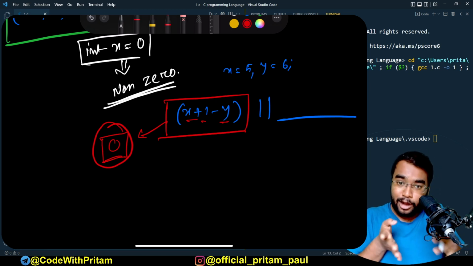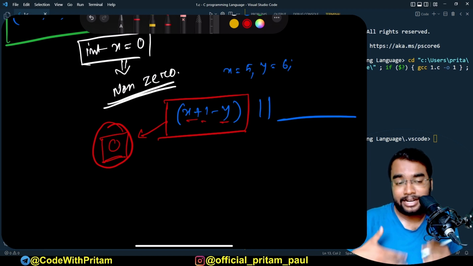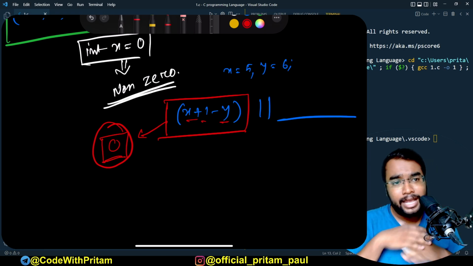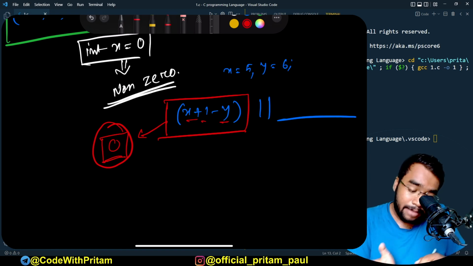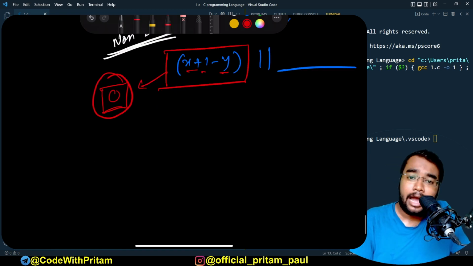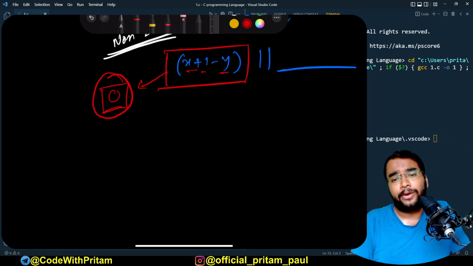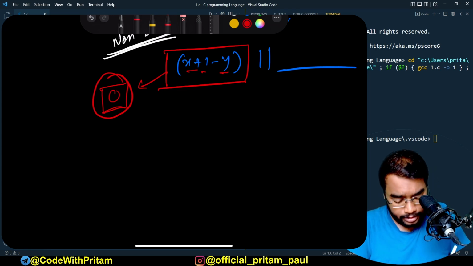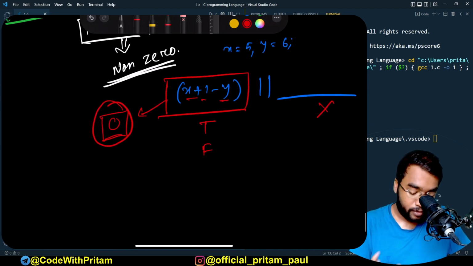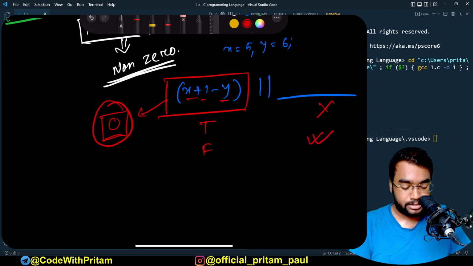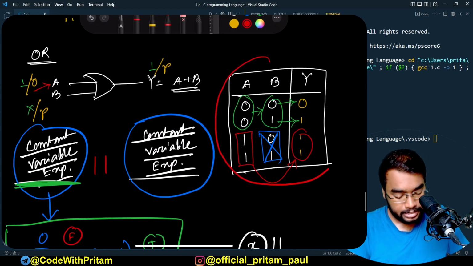If it returns a non-zero value, which could be anything, obviously it is going to be true. Clear? The same thing applies on the right hand side also. If any expression returns a true value here, we are not considering this one. If it returns a false value, then we would consider it as in the truth table.